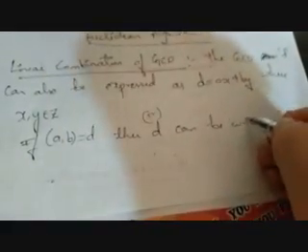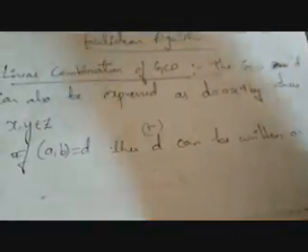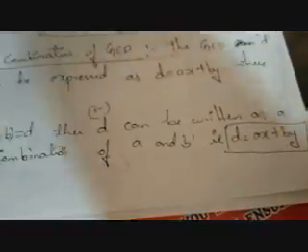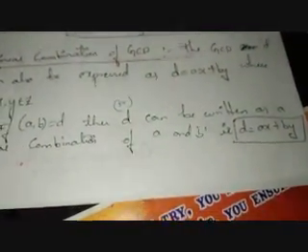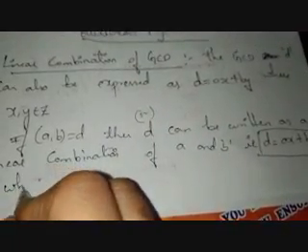If GCD of A, B is equal to D, then D can be written as a linear combination of A and B, that is D equals AX plus BY, where X, Y belong to Z.